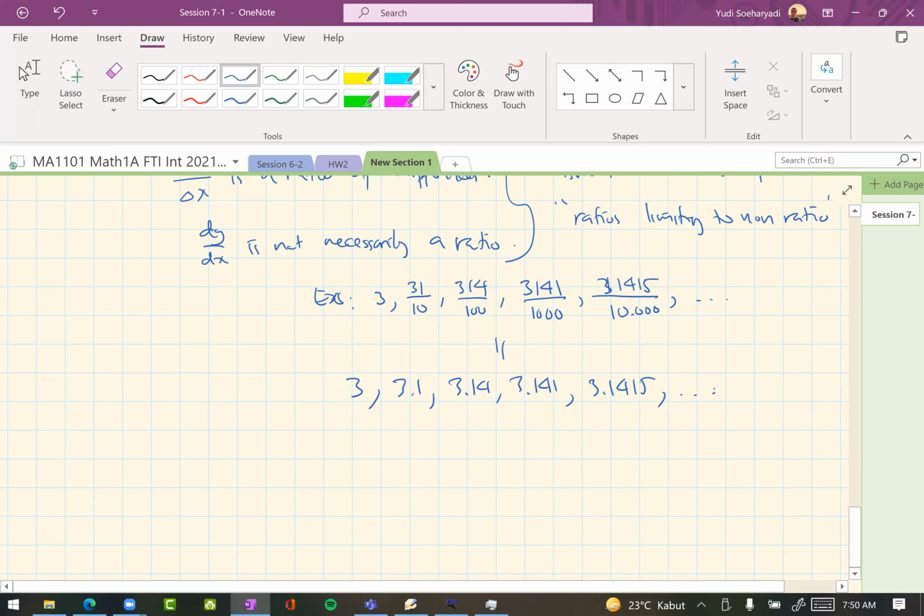This is in decimal, but actually these are ratios, because 3.1 is 31 over 10, and 3.14 is 314 divided by 100. So all these are ratios. This is a sequence of ratios.